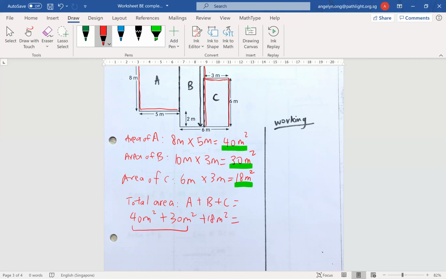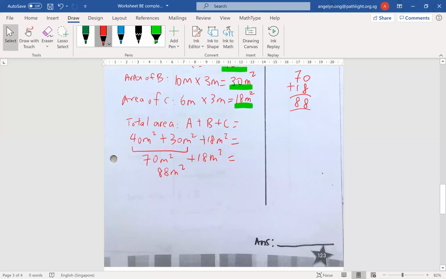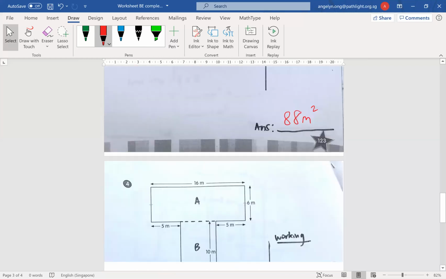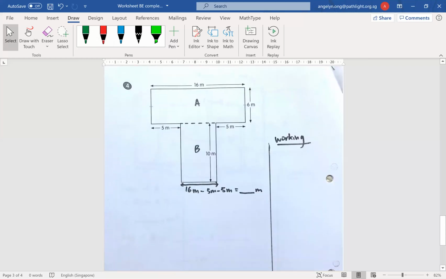So 40 plus 30 is 70 square meters, and then we need to add the 18, right? So we need to do working 70 plus 18. That will give us 88 square meters. So that is our answer. 88 square meters.